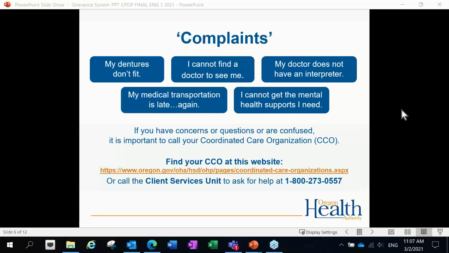And if you need additional assistance to figure out who your CCO is, or if you're even enrolled in a CCO, you can call the Client Services Unit at the number here, 1-800-273-0557, and they can provide you that information. They can also take a complaint or grievance, help you submit that form, or take it over the phone, and they will work with your CCO on complaints and grievances as well.